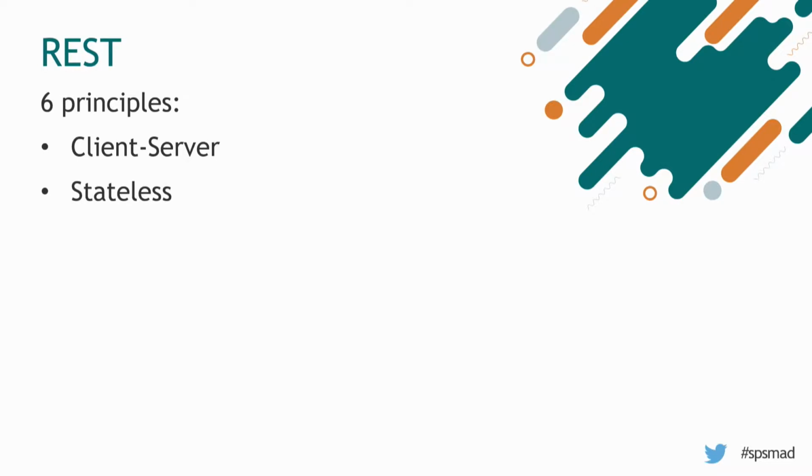Then we have to remember that it's stateless. So we do not keep any kind of session information on the server, and every single request that is coming to our web API, to our server, must have all required information to be executed correctly. So if something is going wrong, it means that maybe we didn't provide the correct information.